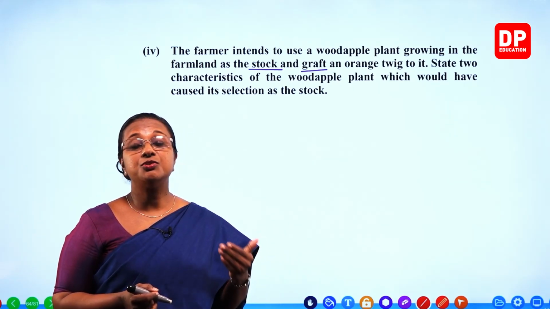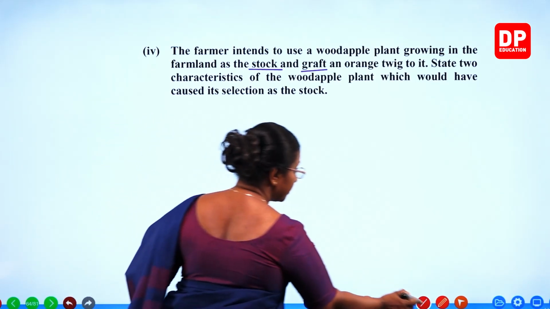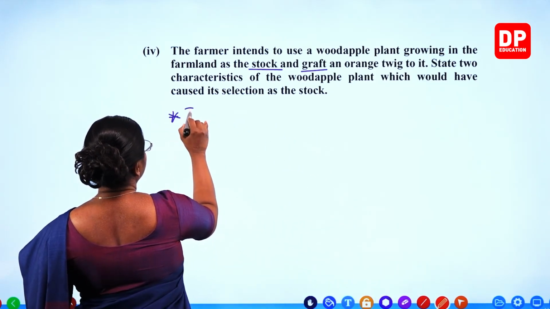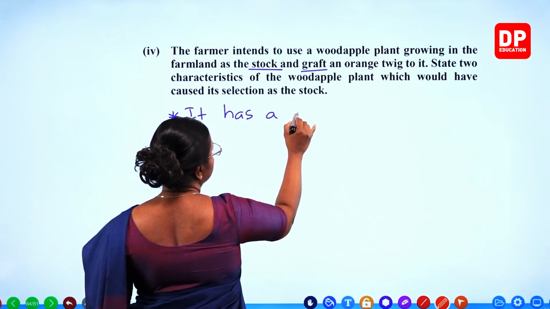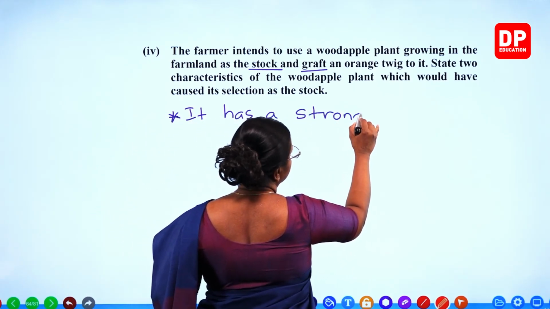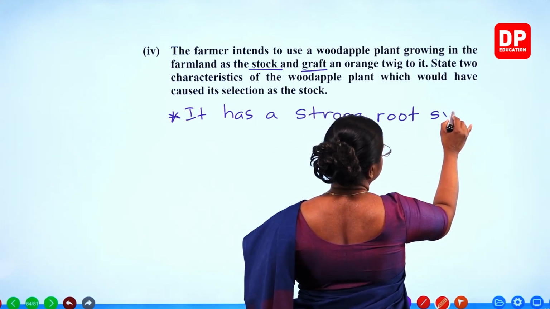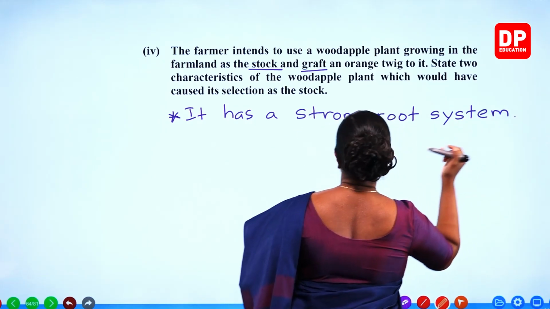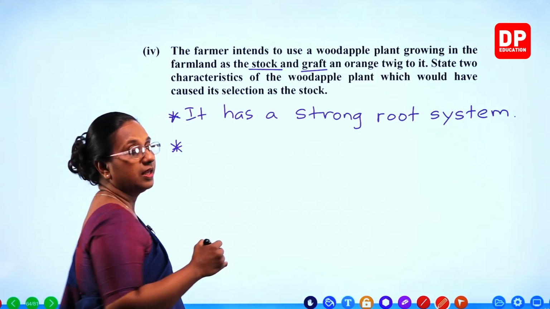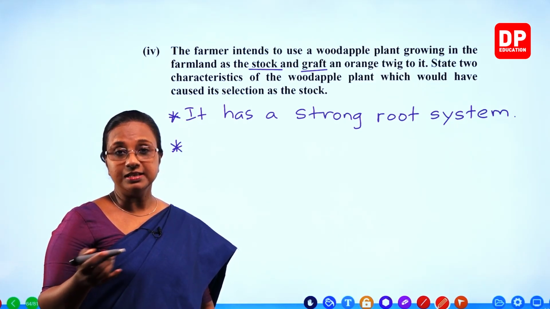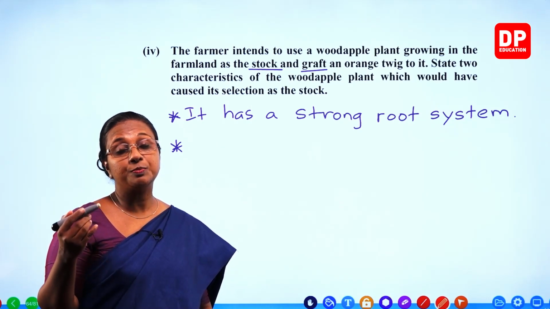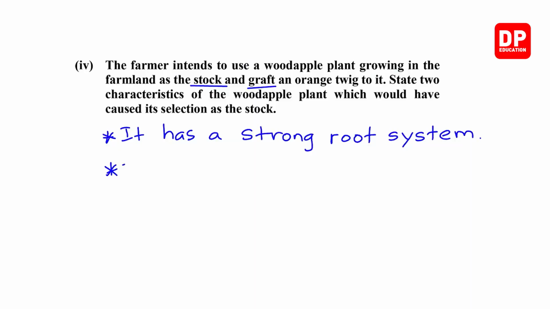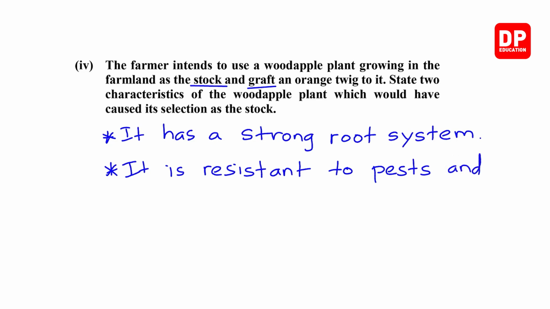Like I mentioned, it should have a very strong root system. That is one. Then what can you say? It can withstand pests, or it is resistant to pests and diseases.